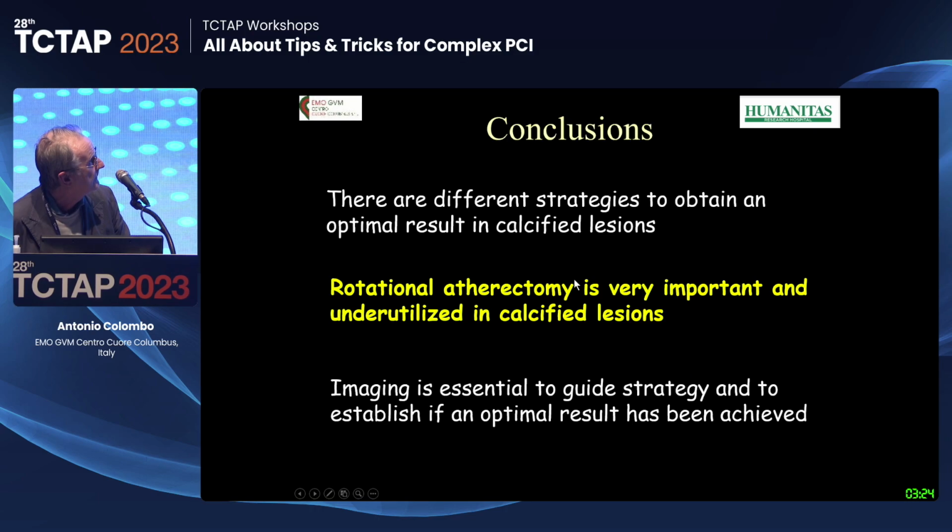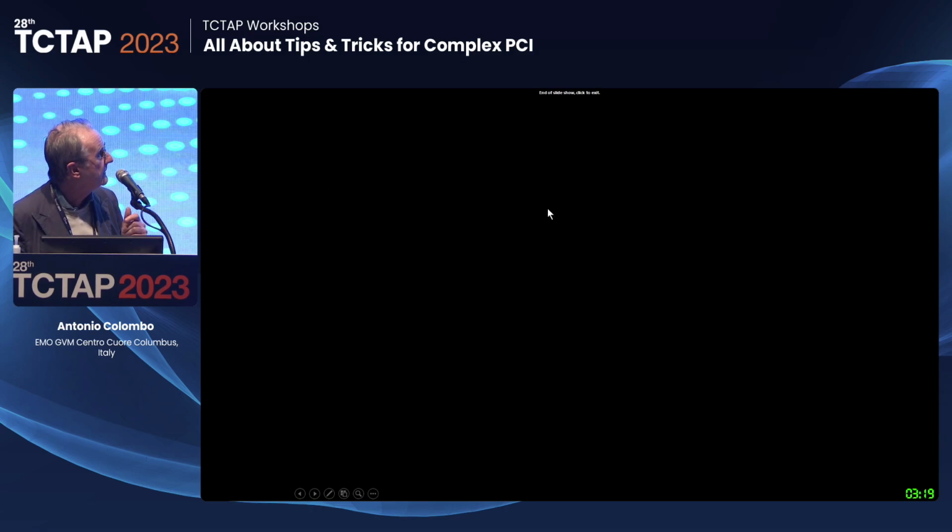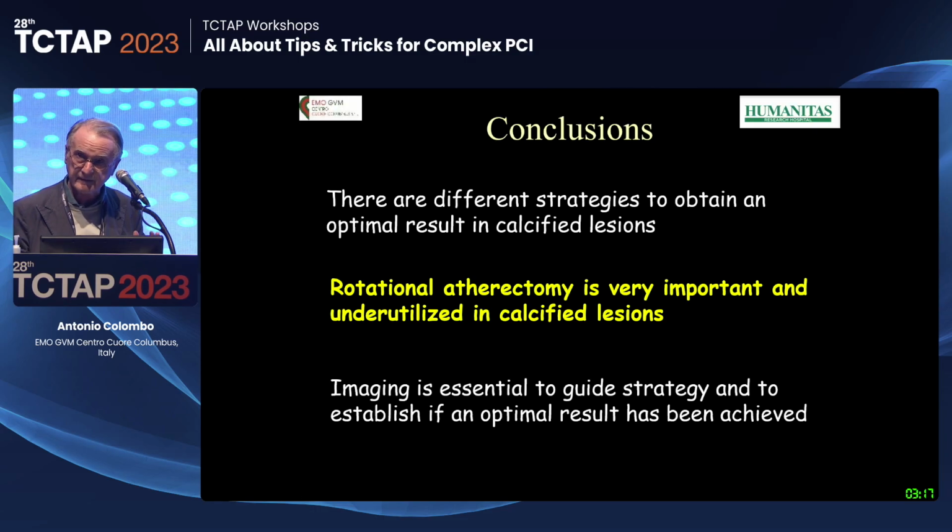I just showed this slide to show that sometimes you need multiple devices. One device is not enough. Sometimes after Shockwave, you need a cutting balloon at high pressure, and after the high-pressure cutting balloon, you need OPN. So it's really a series of multiple devices.